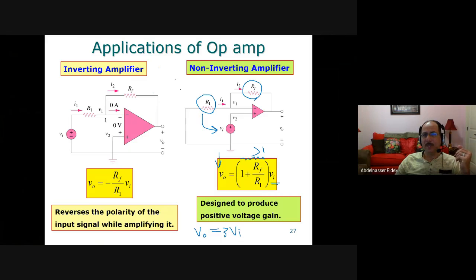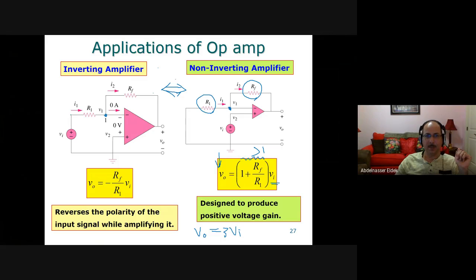If you want to know what's the difference between these two, if you compare this circuit and this one, look at the input here. In both of them you have 2 resistors, R1 and RF. There's no difference. So what is the difference? The difference is that you switch the location of the ground and the source.